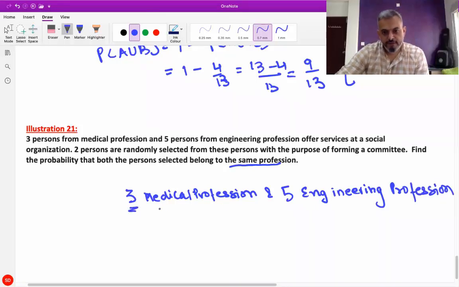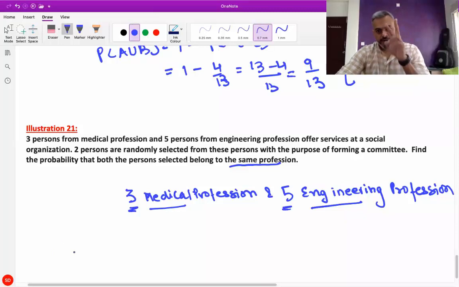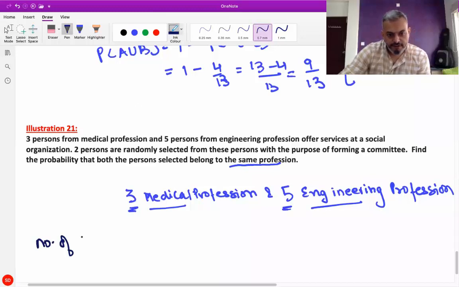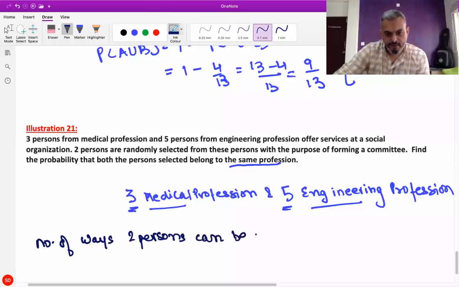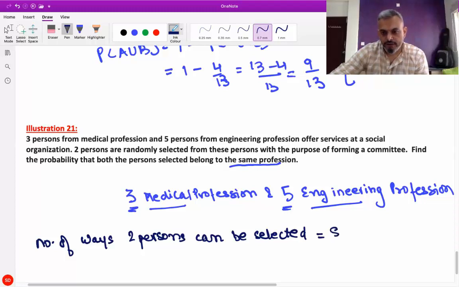Now 3 are from medical and 5 are from engineering. Now we have to select two persons. So first let's write the number of ways two persons can be selected is equal to, there are total 8 people.